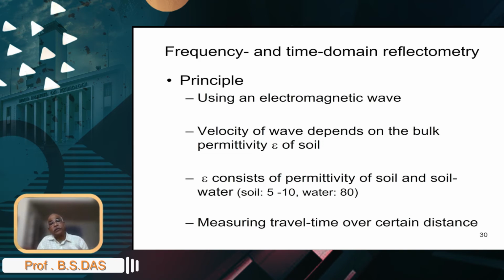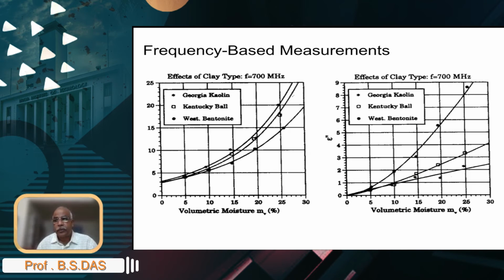So you will have a bulk dielectric constant of the soil, and in about the 70s, people started playing with this approach, and it almost started sometime in the 1930s, when people tried to install the electric poles.